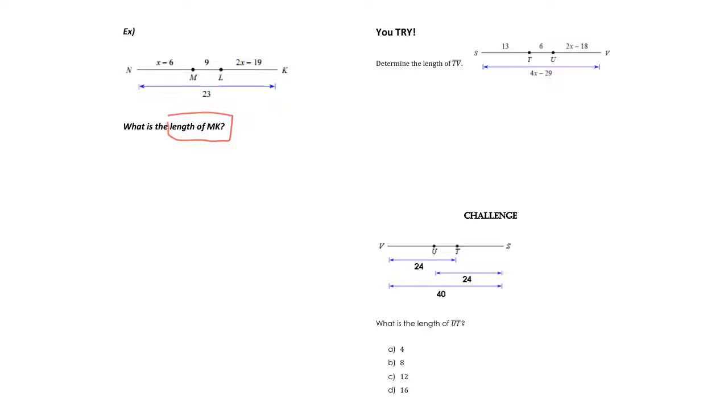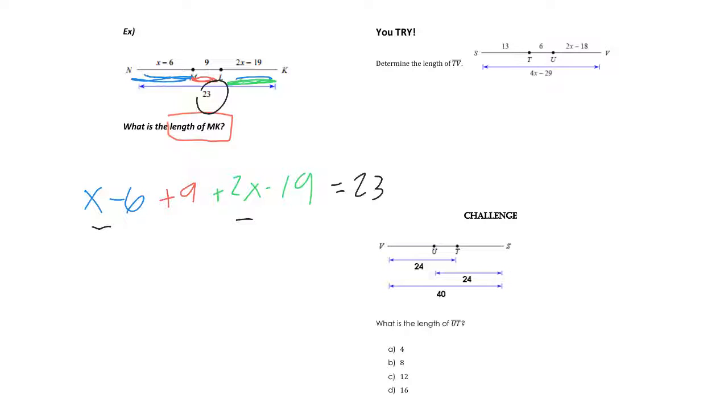But I need to use the whole line segment first to set up my equation, because I know NM is x minus 6, ML is 9, and LK is 2x minus 19. Those are my 3 pieces of the line segment, and the whole thing is 23. So those 3 pieces have to add up to the whole thing. Now I have my equation. I just need to combine like terms and solve.